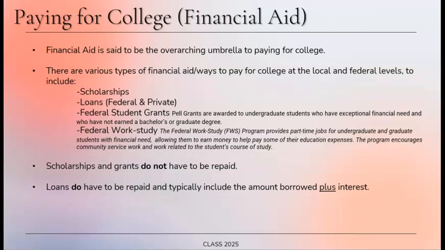There are various types of financial aid and ways to pay for college at both the local and federal levels, and often include scholarships, loans, grants, and even work study programs, which we'll get into a little later on. Just know, scholarships and grants do not have to be repaid. Those are gifts to you based on merit, athleticism, etc.